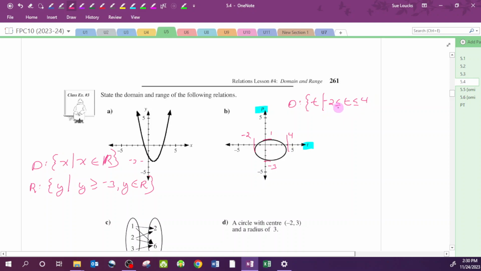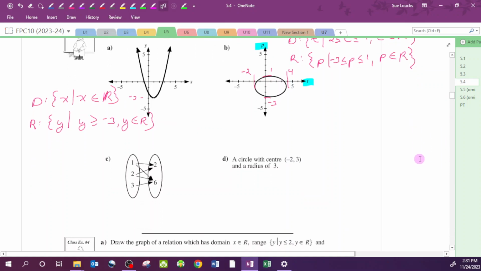So t is greater than or equal to -2 and less than or equal to 4, and t is an element of the real numbers. And then our range is the numbers p such that p is greater than or equal to -3, less than or equal to 1, and p is an element of the real numbers. That makes perfect sense, right?